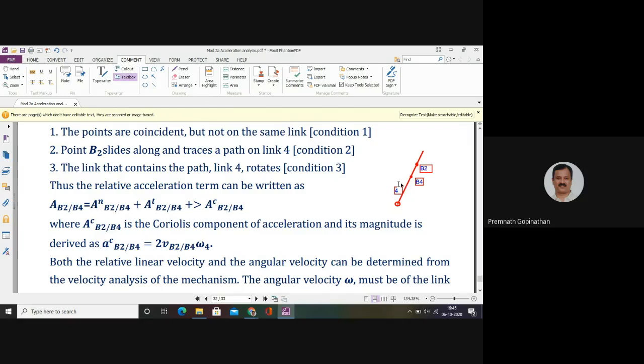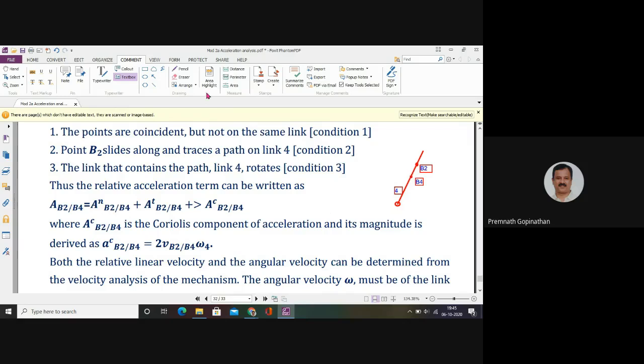That means the direction of omega 4 needs to be identified. And also the sliding direction, that is, the direction of VB2 with respect to B4, needs to be identified.